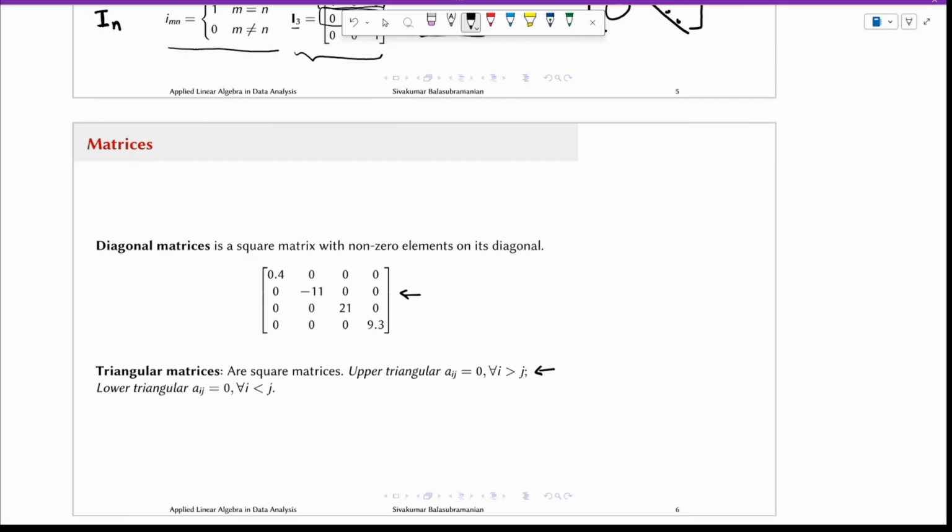You can have two types, upper triangular or lower triangular. If this is the diagonal and all elements below the diagonal are 0, that is an upper triangular matrix. If all elements above the diagonal are 0, that's a lower triangular matrix. That's essentially what I've written down here.